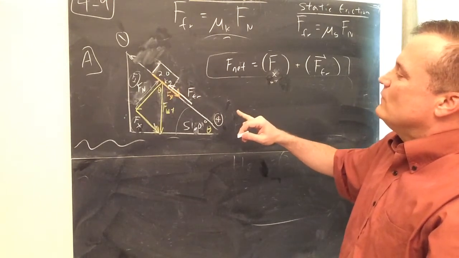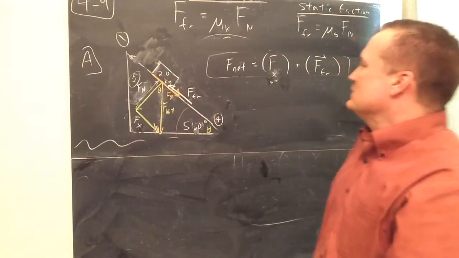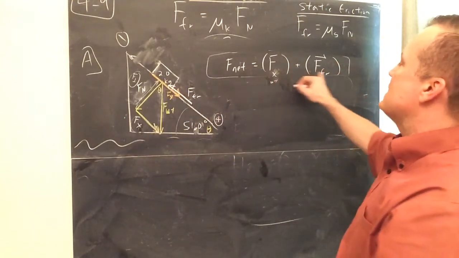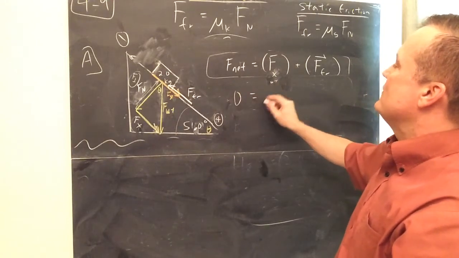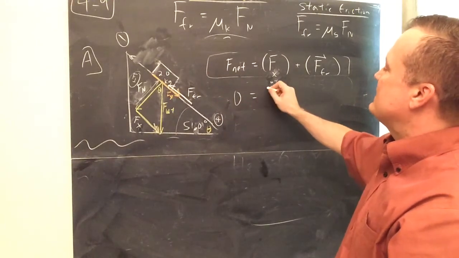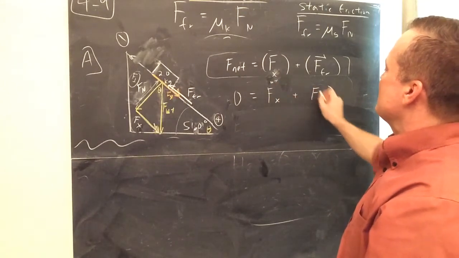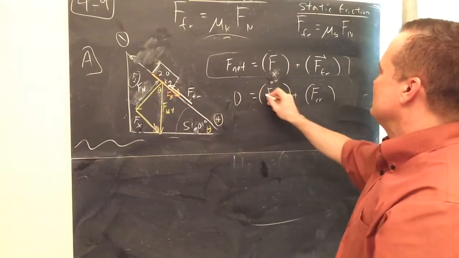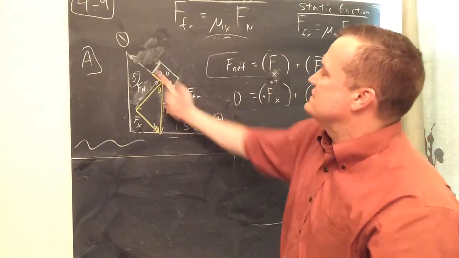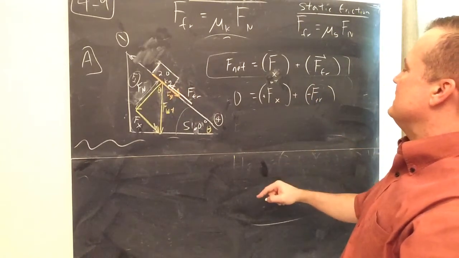the friction would be the same as Fx. Well, let's think about that for a minute. If it's moving at a constant speed, the net force would have to be 0. So if it were the same situation moving down, so Fx plus the friction, and of course you put in that Fx is positive and that F friction is negative, then those two numbers will be equal to each other but opposite.